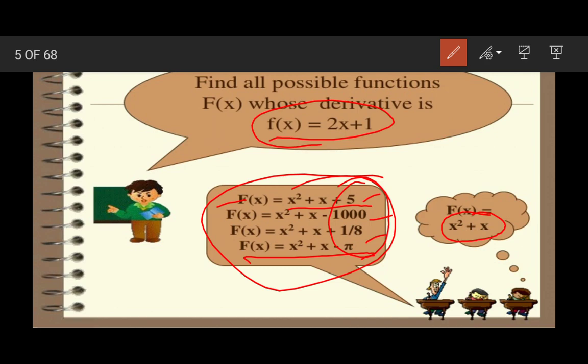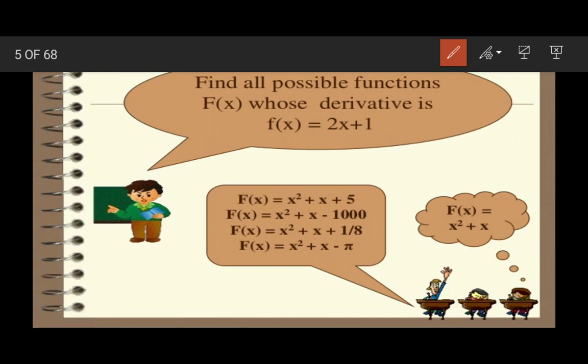So what are we getting? We are getting derivative as 2x plus 1, right? So when we integrate this function, integral is an antiderivative. Integration is a procedure of removing derivative. So when we integrate this derivative, we get only this term x square plus x.